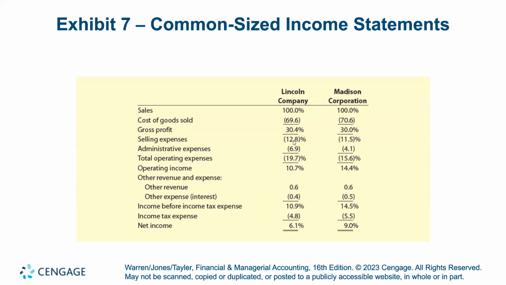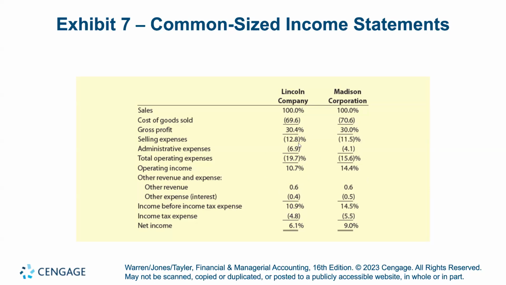But then we get into the selling expenses and we can say, okay, Lincoln's definitely got a higher selling percentage, higher administrative costs. So their total operating expenses are 4% higher, leading to an operating income that's 4% lower in essence. The revenue is about the same. Other expenses like interest expense are fairly close.